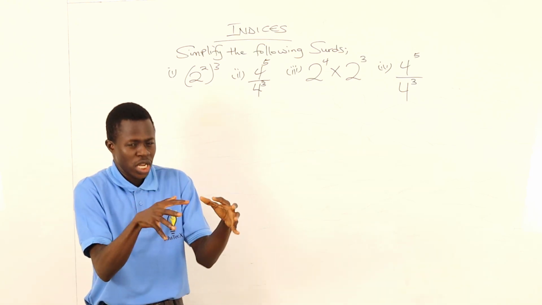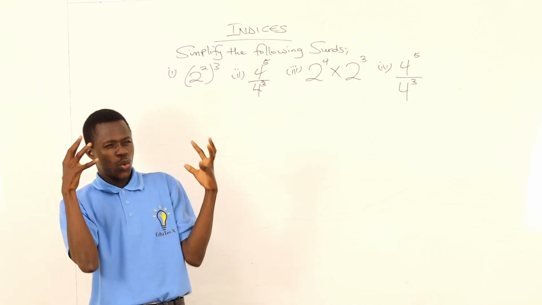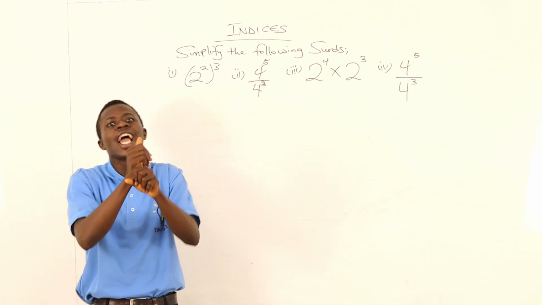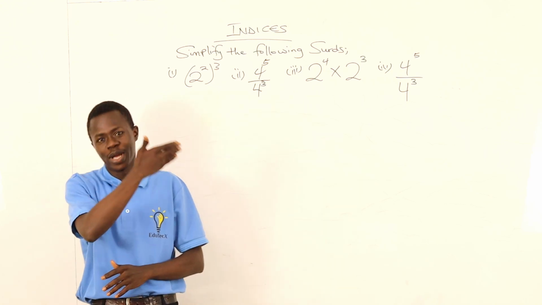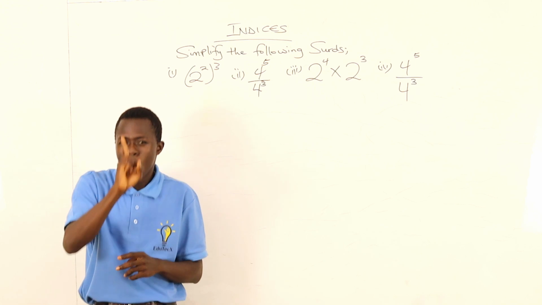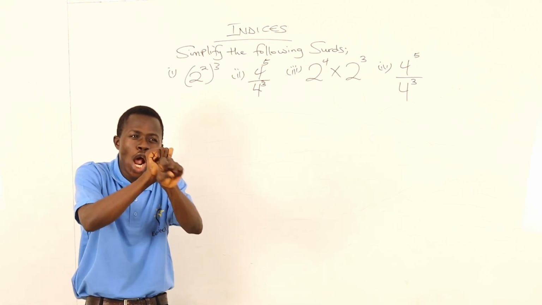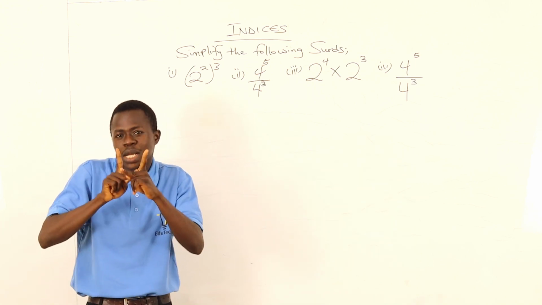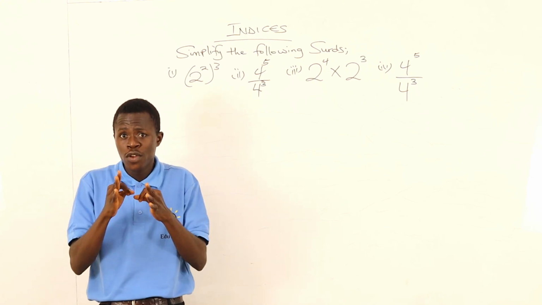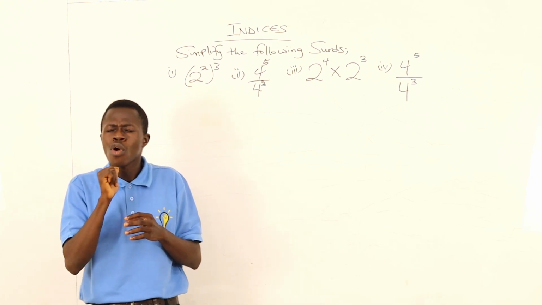So what we are going to do is apply all those laws to the examples that we have on the board. We'll pick each example one by one and work on them by applying the laws that we studied in the previous lesson.